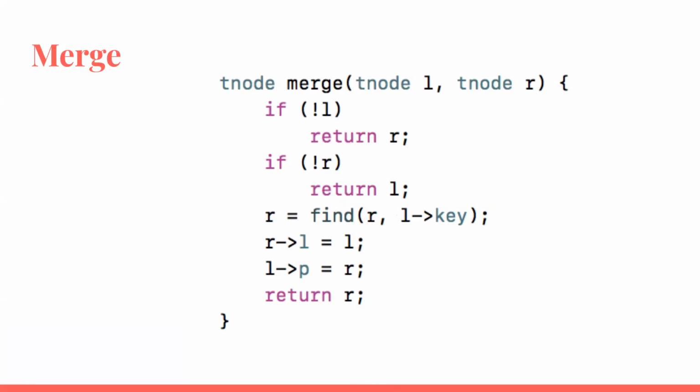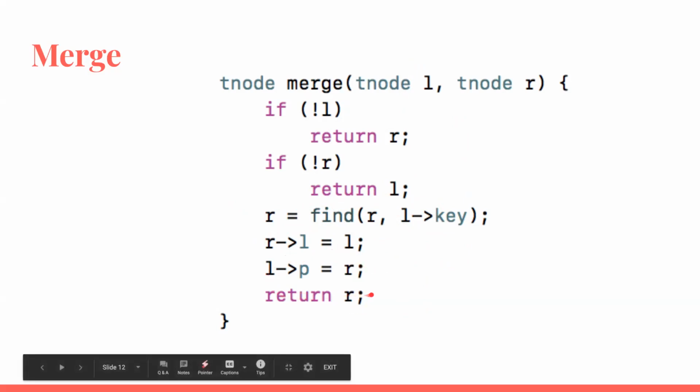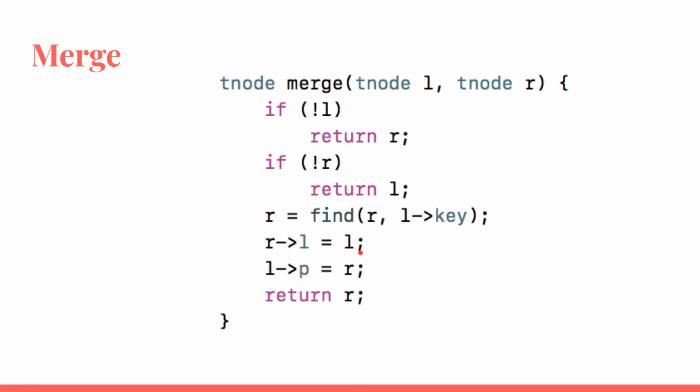That's because all the keys in L should be smaller than R. So in any case, we should just go all the time to the left until we find the smallest element. If we do find, it means that our root will be the smallest element, and we are going to have no elements in the left sub-tree. All other elements of R will be in the right sub-tree. So we are just saying that our left son is L and updating everything. Does it make sense? Do you have any questions?